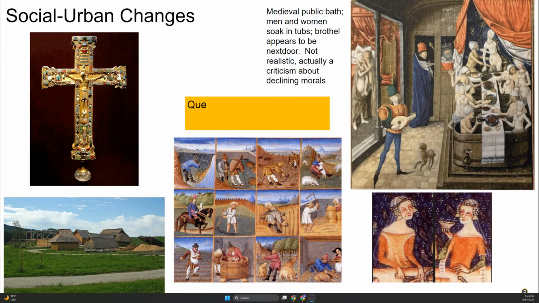And I'll spell that for you here. Querelle des femmes. It's going to be a consistent theme in this course. And again, the translation of it is the women quarrel or the women debate. Again, what role should women have? Again, we're not going to see any major changes until the 1800s at the earliest.